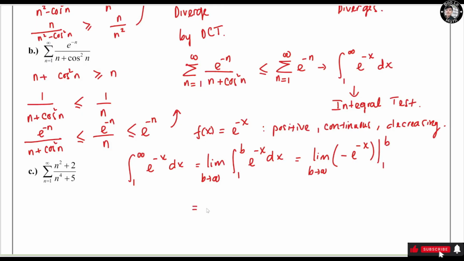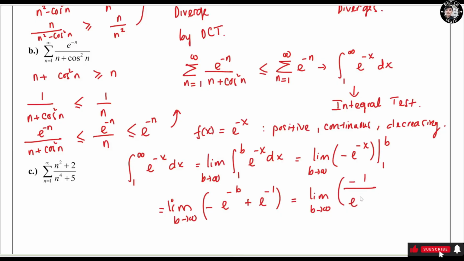So it's going to be negative e to the negative b, subtract, and it turns out to be e to the negative 1, right? So it's going to be the limit when b approaches infinity of negative 1 over e to the b plus 1 over e, right? Now when b approaches infinity, this guy approaches 0, so you're going to end up with 1 over e, right?